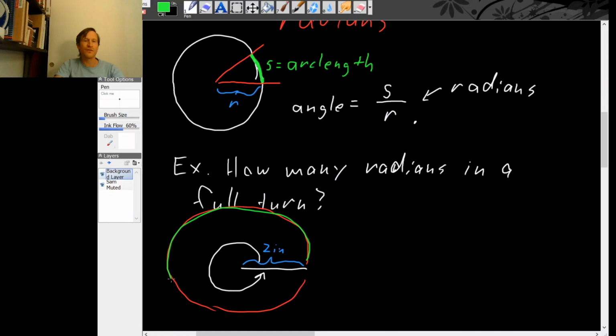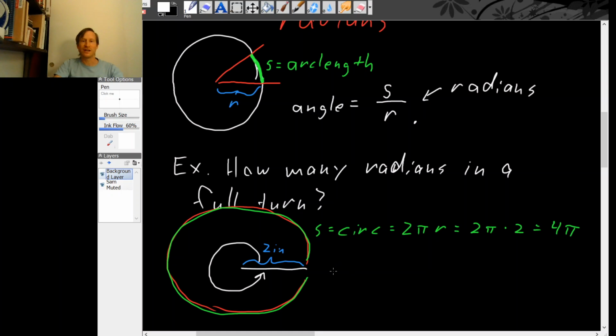Well, since this is a full circle, the arc length that we're talking about is just the circumference of the circle. And you might remember that the circumference of a circle is 2 times pi times the radius of the circle. So in this case, that's 2 times pi times the radius, which is also 2, and so that's 4 pi.